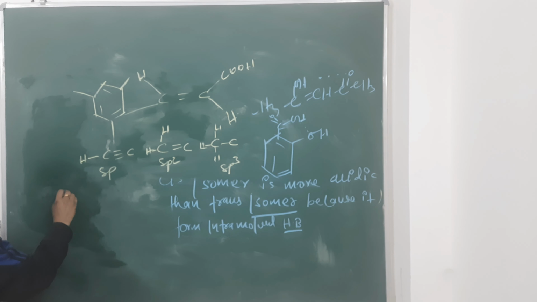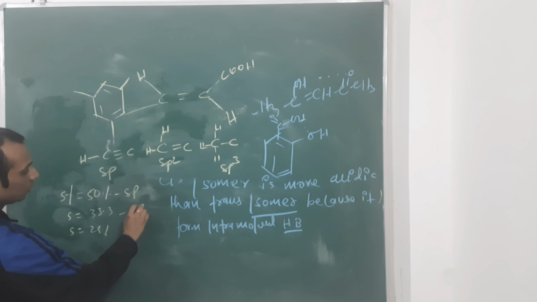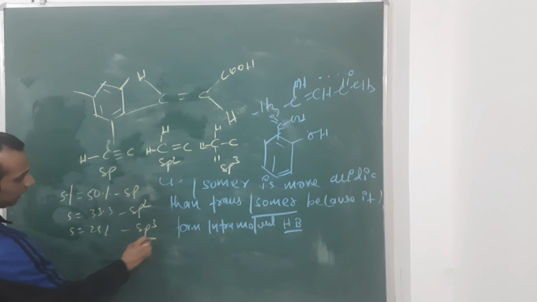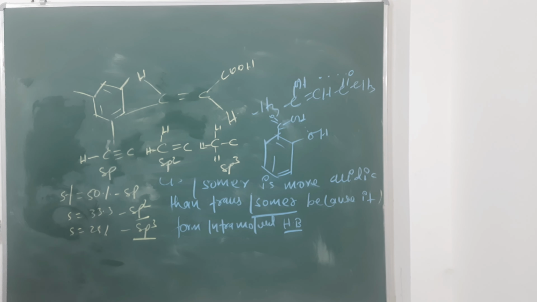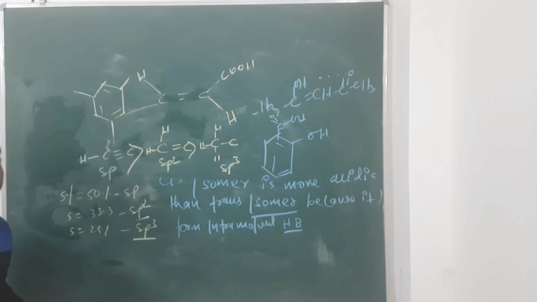So as the percentage of s character increases, acidity increases. So here the percentage s character is 50%, and there is 33.3% and 25%. Correct? So in sp, sp2 and sp3, we all know that. So increasing the s character increases the acidity. So of course the alkyne is more acidic than the alkene than the alkane.